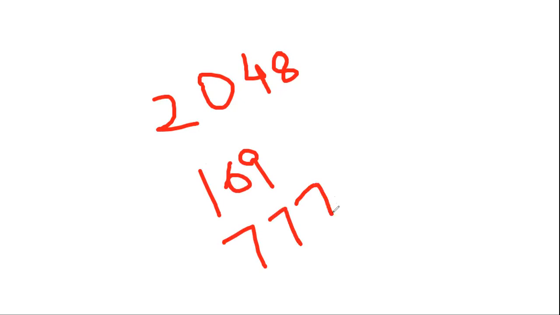Also convert the number 169. Convert the number 777. Convert these three numbers from decimal to octal. I will give out the answers in the next 1 minute. So I want you all to pause the video, solve it, and then check your answer.